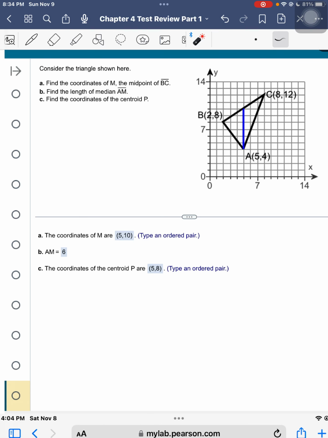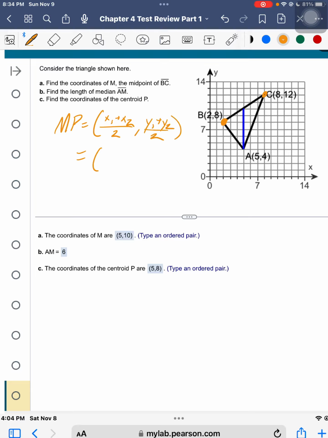Find the coordinates of M, the midpoint of BC. So I want to find the midpoint of BC, and I'm going to use the midpoint formula. The midpoint is equal to x1 plus x2 over 2, y1 plus y2 over 2.